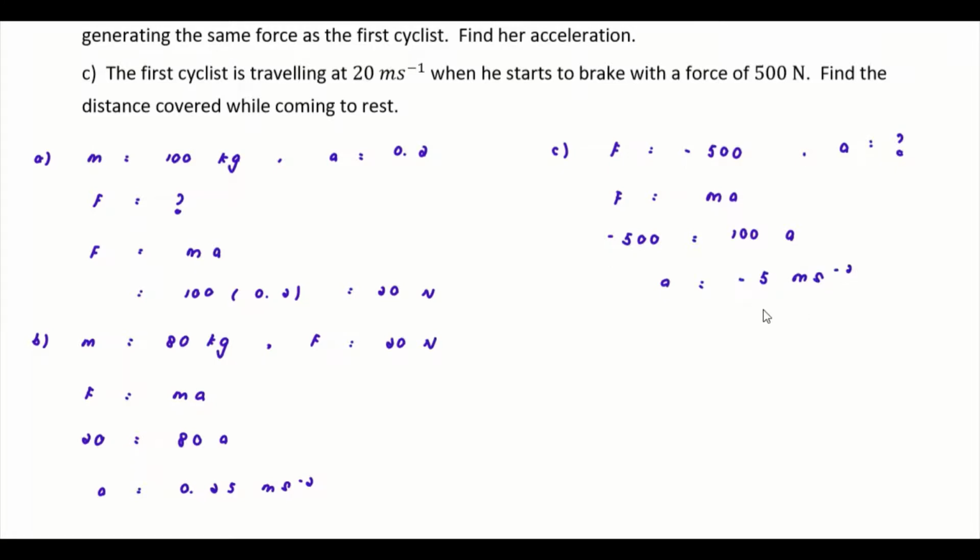Which is correct, because you are moving and you want to brake until you come to rest, so your acceleration should be a deceleration. So getting a negative number is correct.